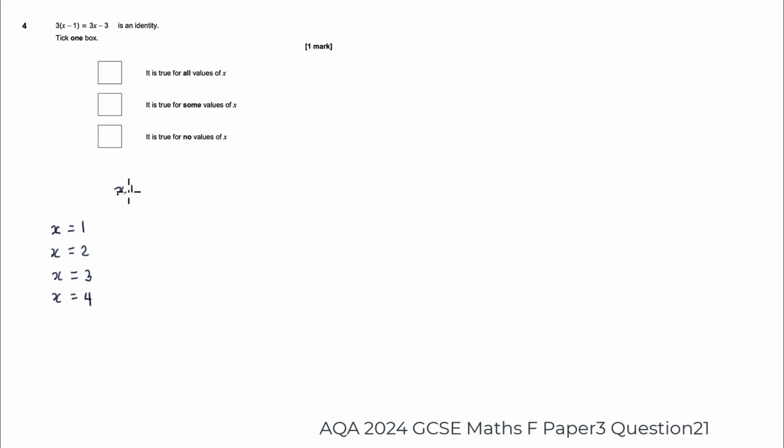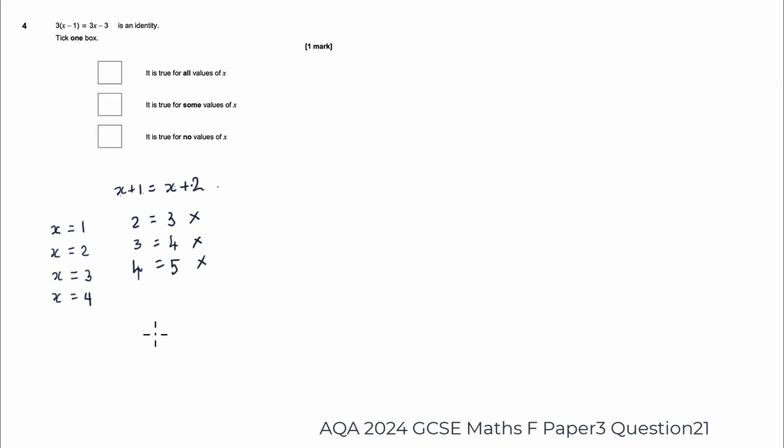The first statement would be x plus 1 equals x plus 2. So let's try x equals 1 in here. 1 plus 1, that's 2. 1 plus 2, that's 3. And certainly that statement is not true. Let's try x equals 2. 2 plus 1, 3. 2 plus 2, 4. Well, that's not so good. Let's try x equals 3. 3 plus 1, that's 4. 3 plus 2, that's 5.